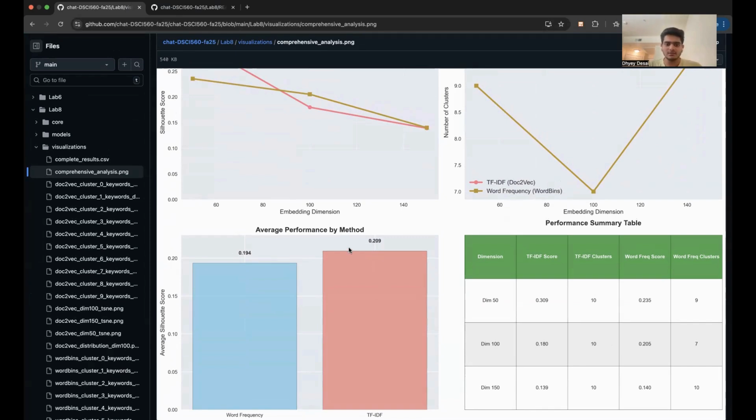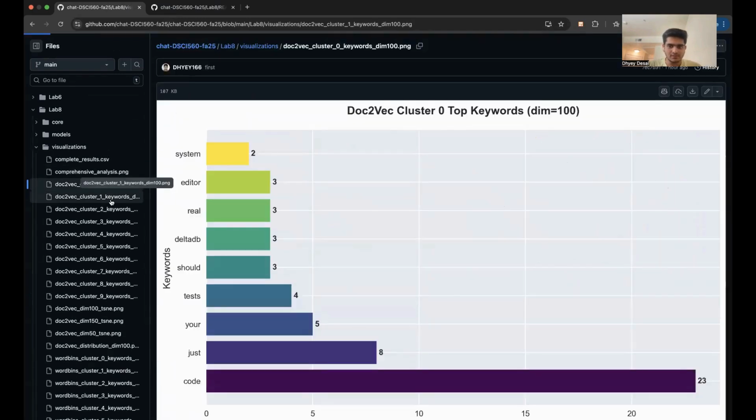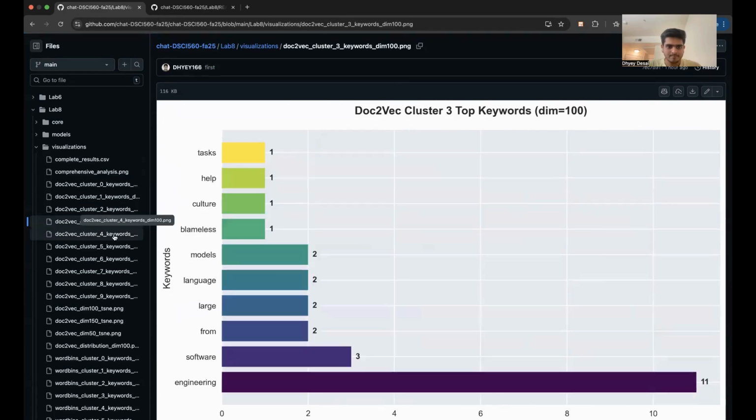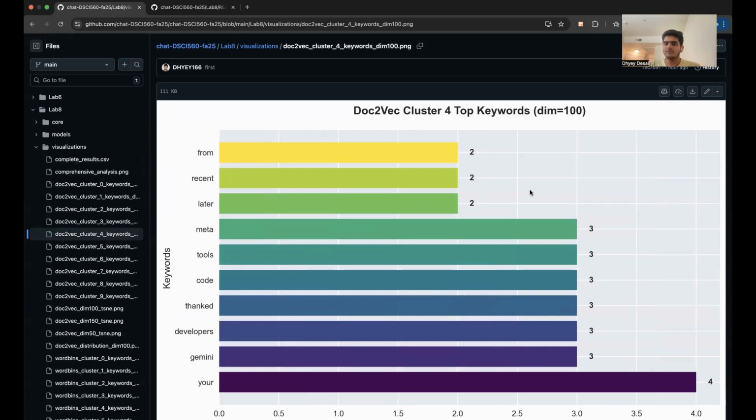It achieves higher clustering quality, creates more meaningful topic clusters, as we can see in these different cluster examples, and captures semantic relationships between documents in a better way. While word frequency offers computational advantages, TF-IDF's superior semantic understanding makes it the preferred method for document embeddings.